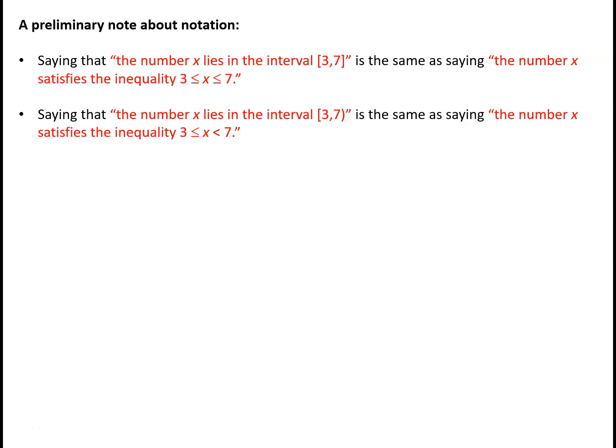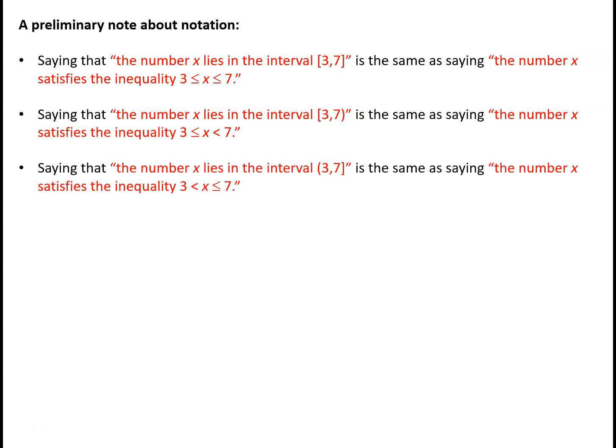The second one says that if the number x lies in the interval [3, 7), then that's the same as saying the number x satisfies the inequality 3 ≤ x < 7. So when we use a square bracket, it corresponds to a less than or equal, and when we use an open bracket, it's a strict inequality.